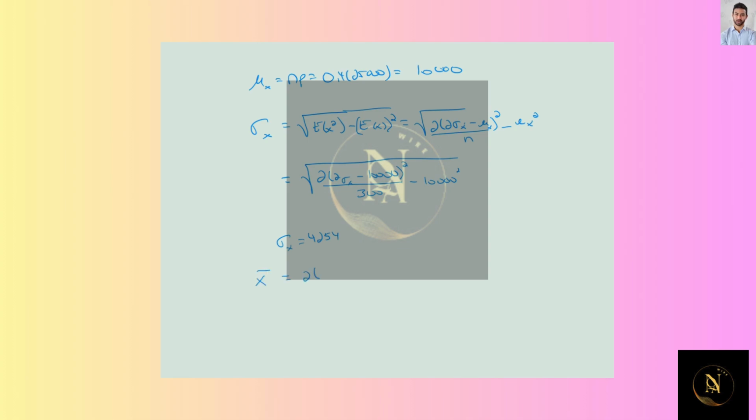And now we can calculate x bar as 2 times 4254 minus 10,000 over 300, and that will calculate to negative 4.97.